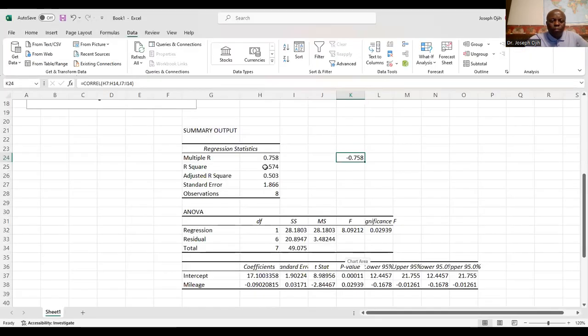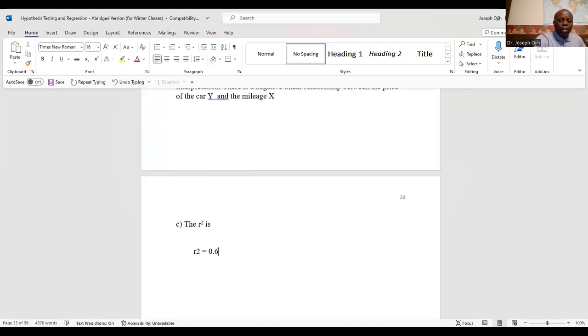So R squared is 0.574. Write it down: R squared equals 0.574. Otherwise, you can get it with a calculator. You can copy it and place it here. 0.574.